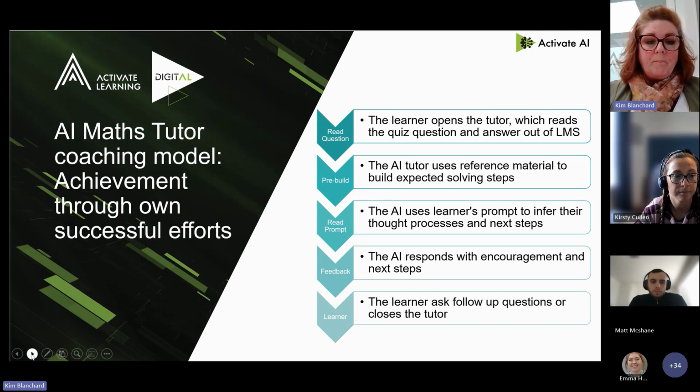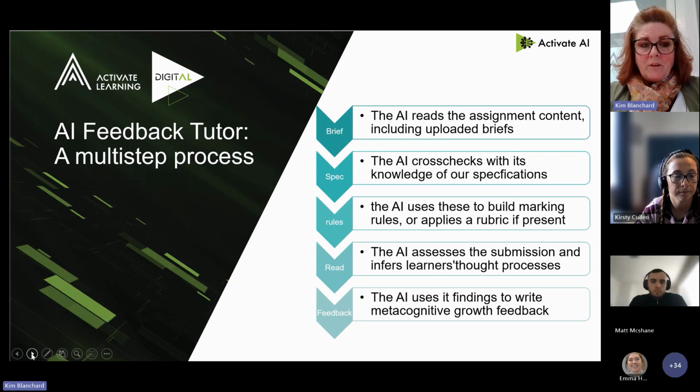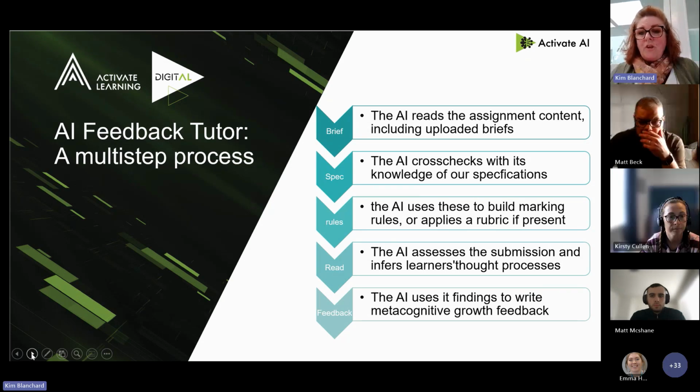If we look at the feedback tutor, again, that's a multi-step process. The tutor sets up the assignment, and it will read the brief from the assignment and the content. The AI tool will do the cross-check with its knowledge of our specifications. And again, it will then start looking at the marking scheme and or rubric that's plugged into Canvas.